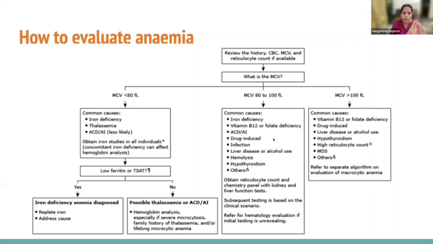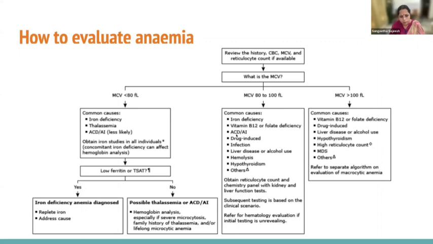But if there is concomitant iron deficiency or vitamin B12 deficiency, it can vary. And also the ethnic background of a patient is important, because we always have to keep in mind thalassemia and other hemoglobinopathies like sickle cell anemia in patients from such backgrounds.